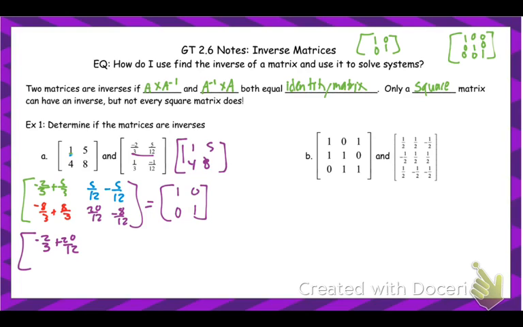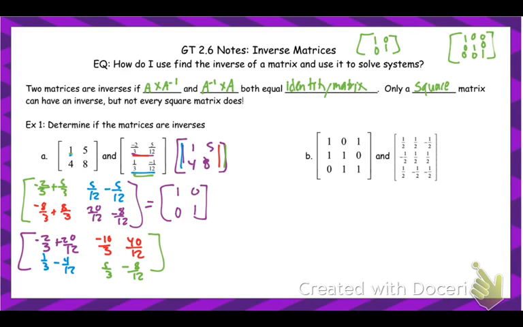Then row 1, column 2: negative 10/3, 40/12. Row 2, column 1: 1/3 minus 4/12. And finally, bottom row, last column: 5/3 minus 8/12.